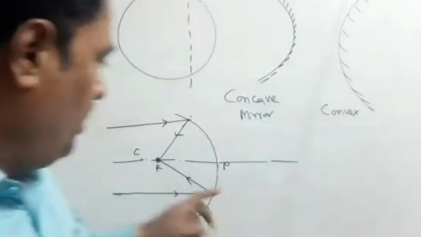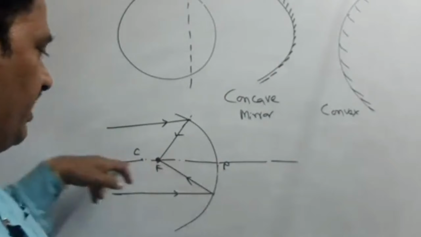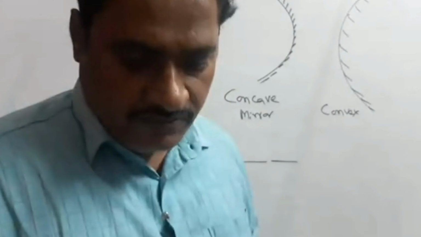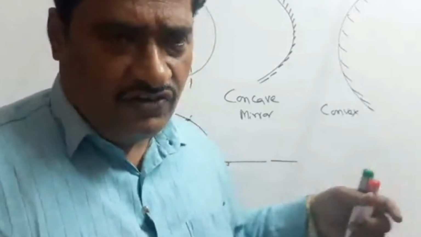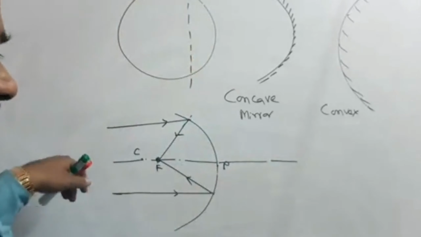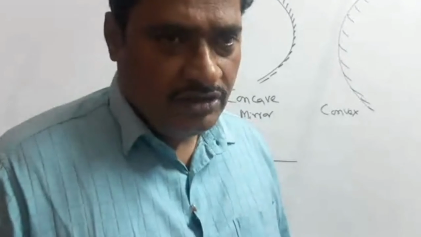That point is the principal focus. A line which joins these three is the principal axis. And if the object is at a very far distance, you may call that infinity. So the object is at infinity.